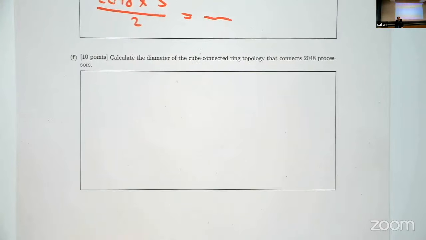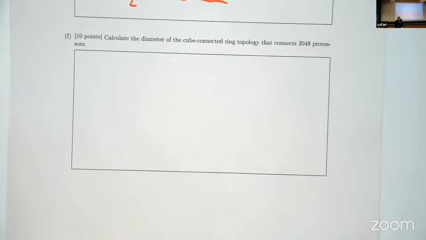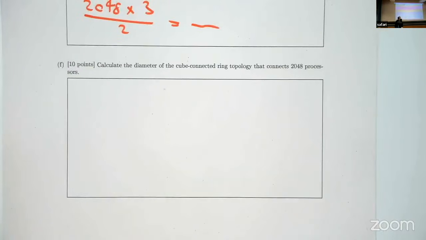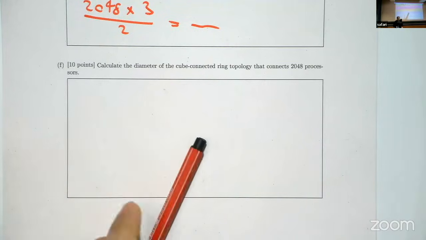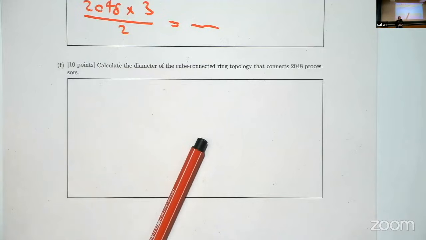So calculate the diameter of a cube-connected ring topology that connects 2048 processors. So before, again, the definition of the longest path in this cube-connected ring, you need to combine your understanding of ring and hypercube. So basically, the destination node should be the one which is farthest in the ring and also farthest in the hypercube, right?